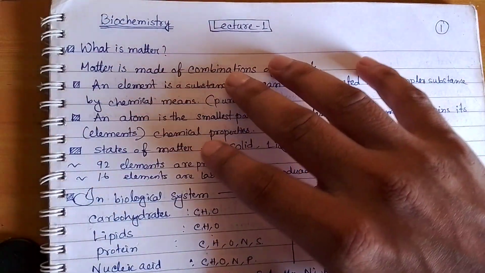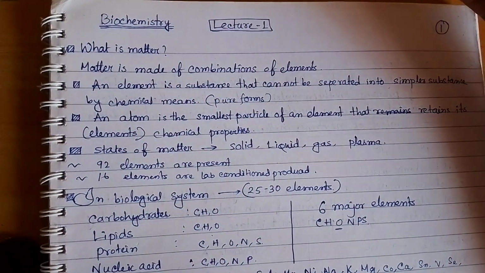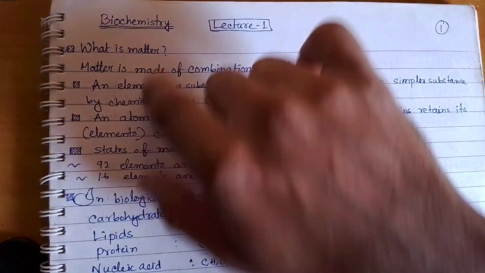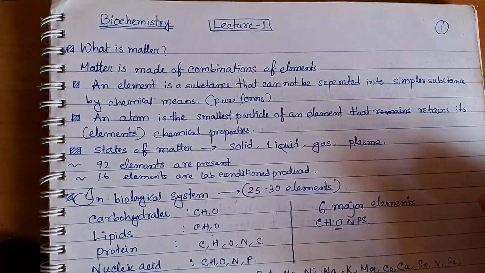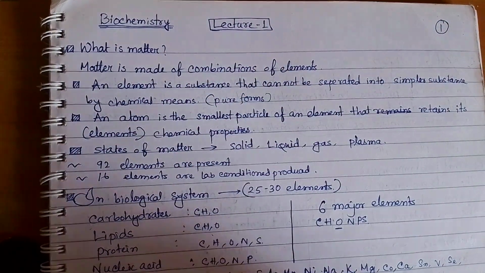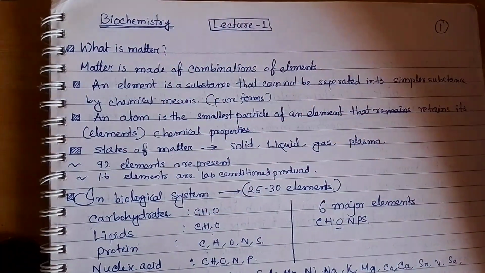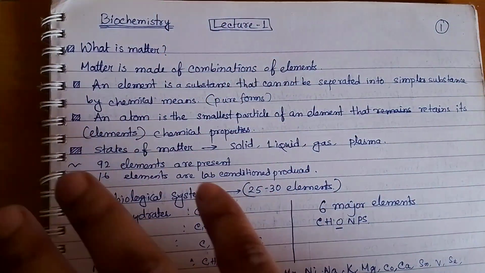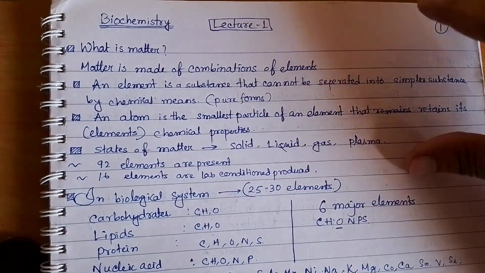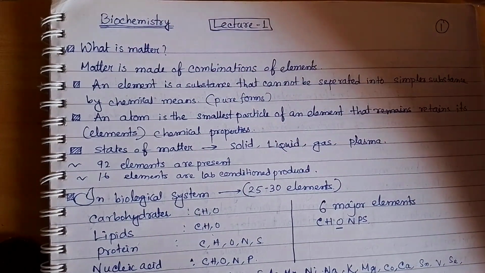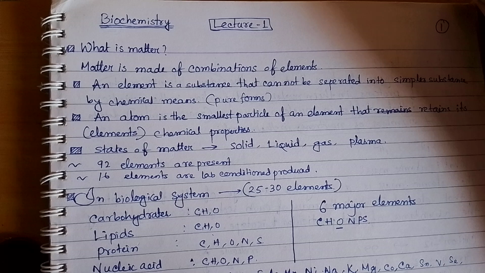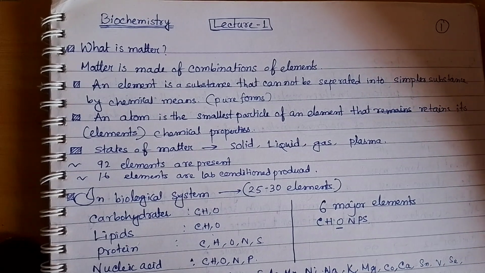First, what is matter? In biochemistry, the terms relate to chemistry, so we have to know the basics. Matter is a combination of elements. You have heard about different elements like gold, silver, carbon.